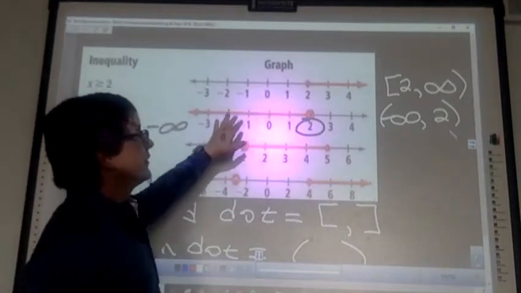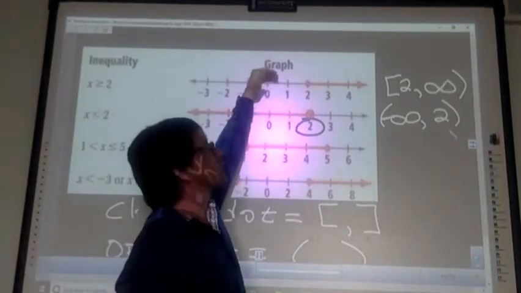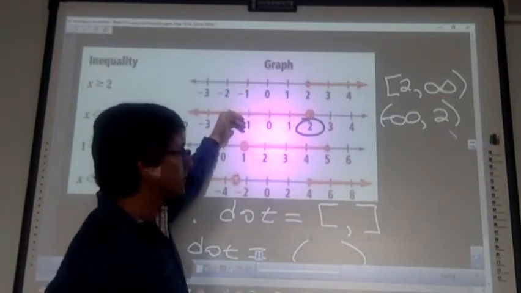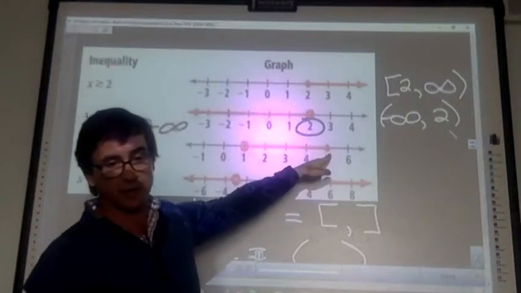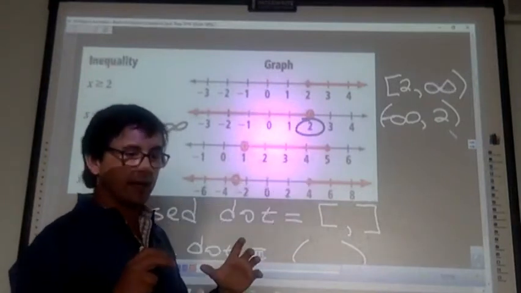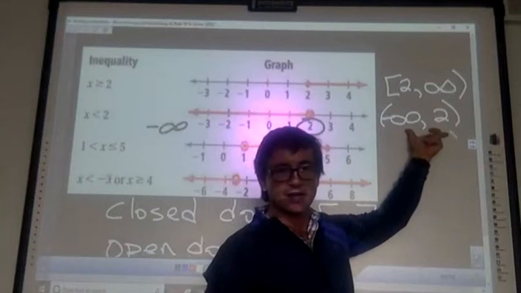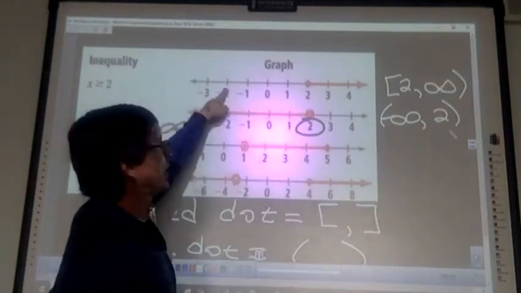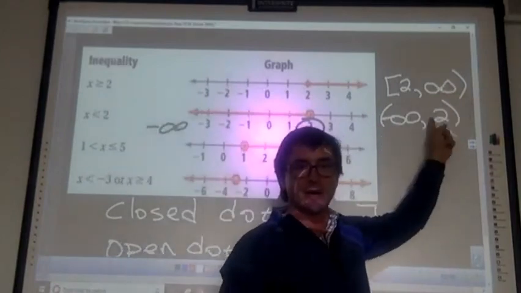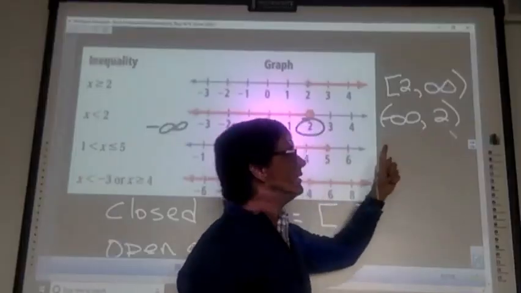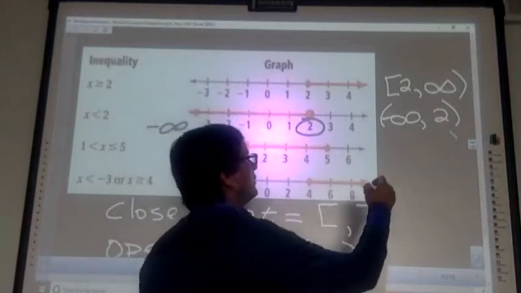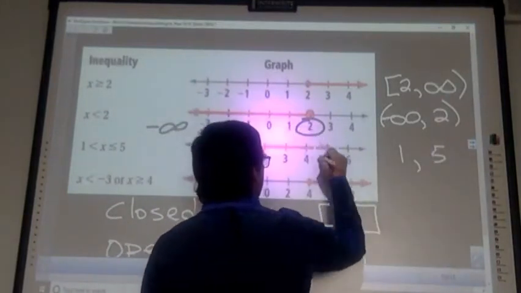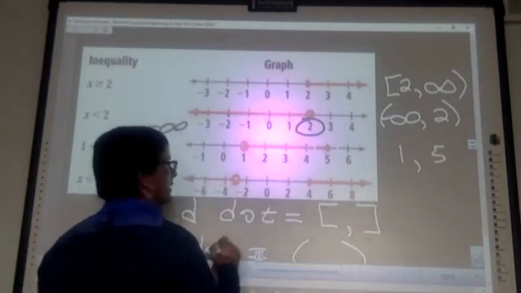So this was just graphing 1. X is greater than or equal to 2. X is less than 2. Now this is an and inequality. So when you see and inequalities in these brackets, you will always have 2 numbers. If you have just one inequality, you're always going to have either positive or negative infinity. So here, we're going to write the 1, comma 5, because those are the 2 numbers.